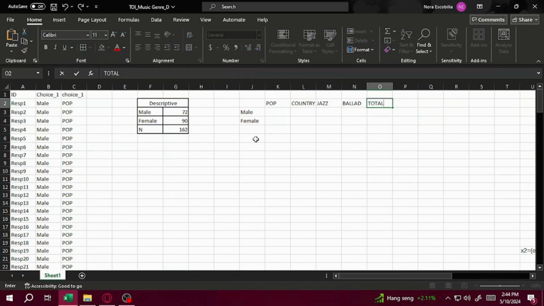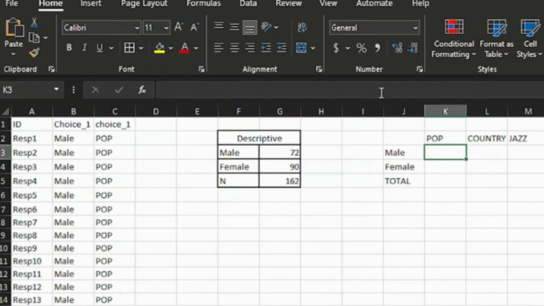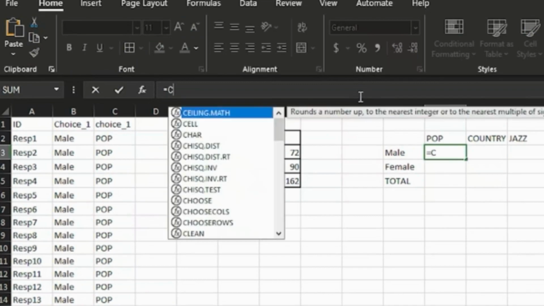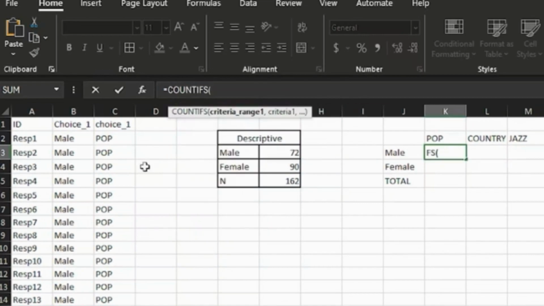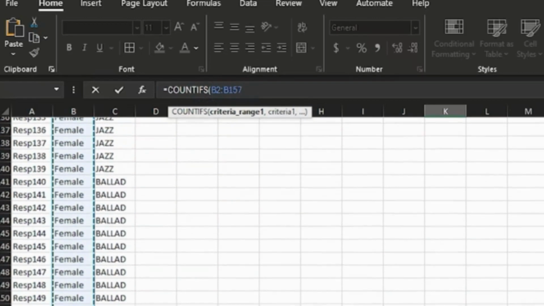Now, the first thing we want to do is to create our contingency table. Using a similar process, copy or type the COUNTIFS function. For the first criteria, select the column that contains the group.